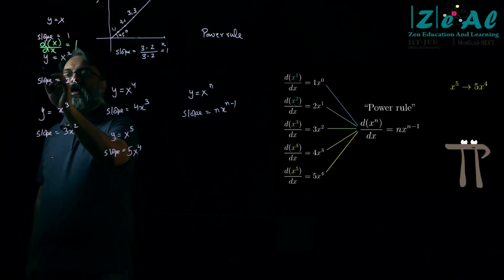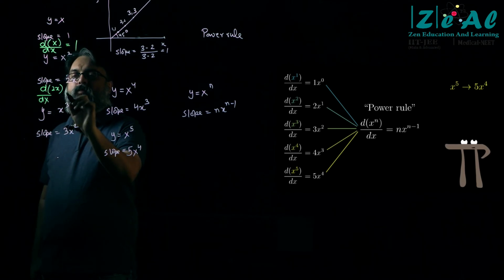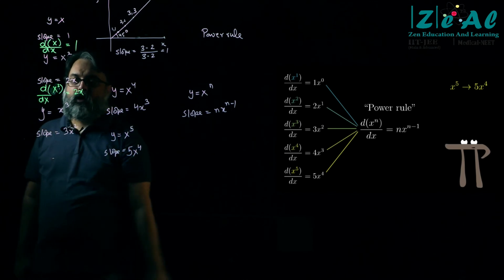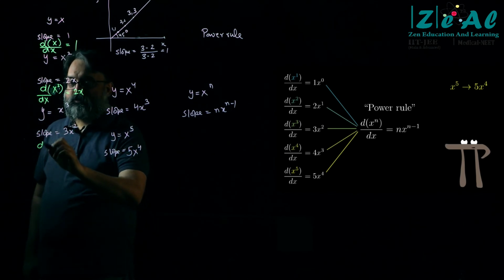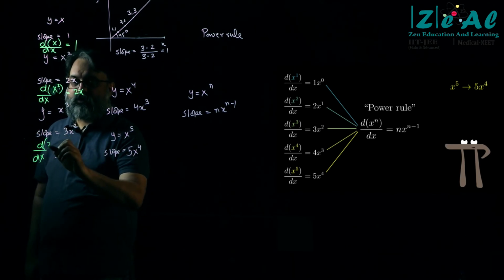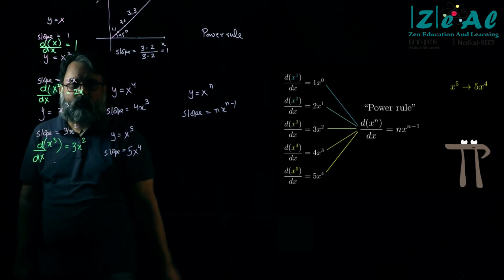I can write this slope as d(x square) by dx, which is equal to 2x. I can write this as d by dx, that we'll discuss in the next class anyways, is equal to 3x square.